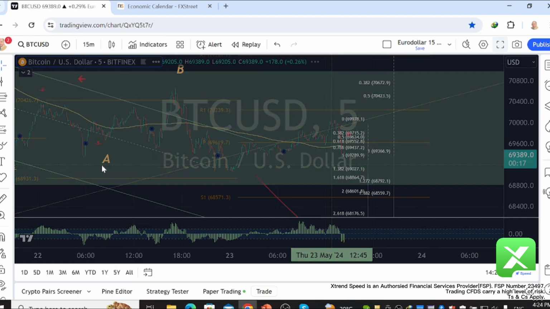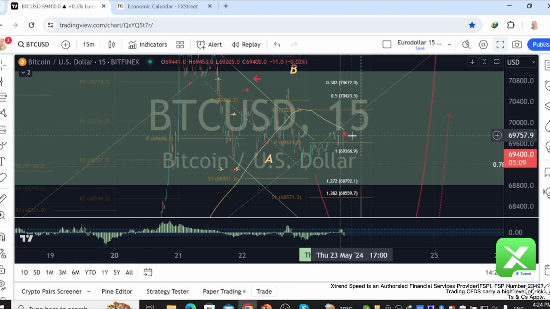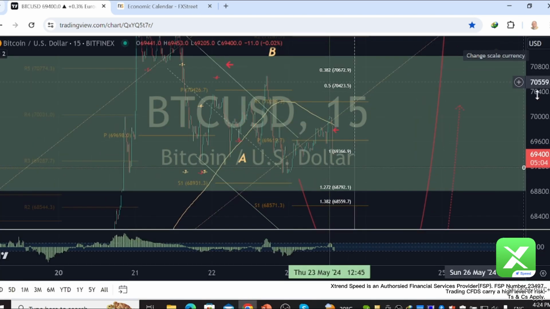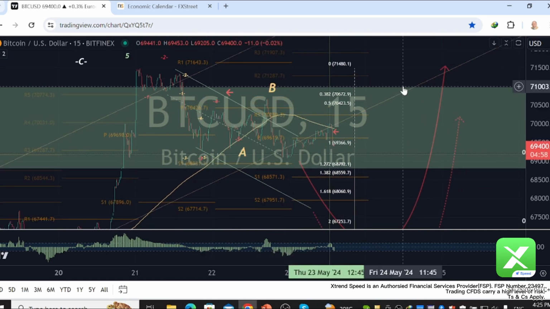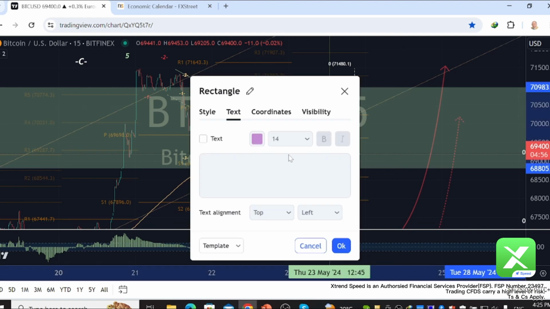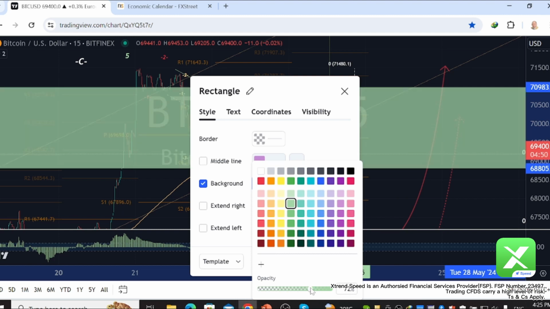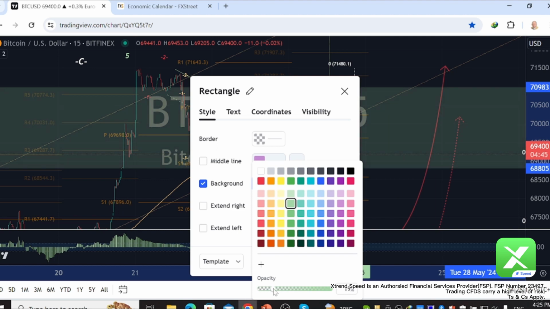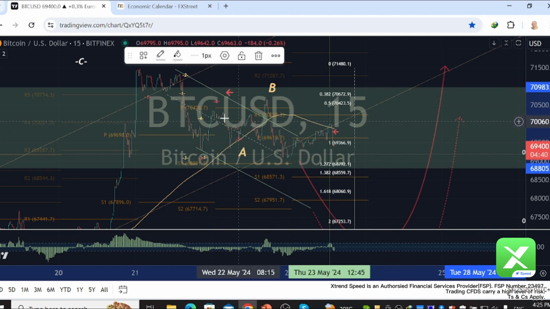We are not getting negative momentum on the 15 minutes either. All right, so no negative momentum on the 15 minutes.